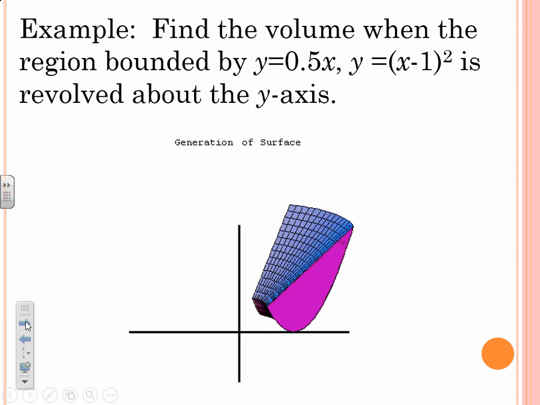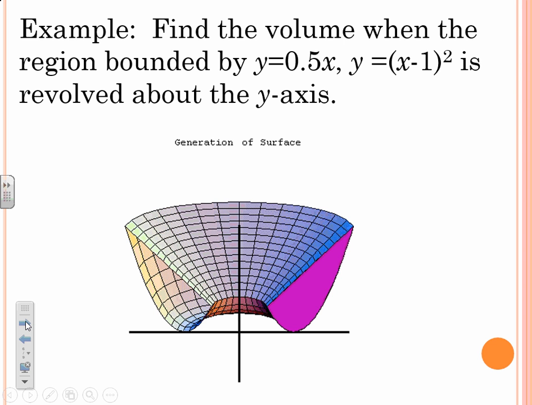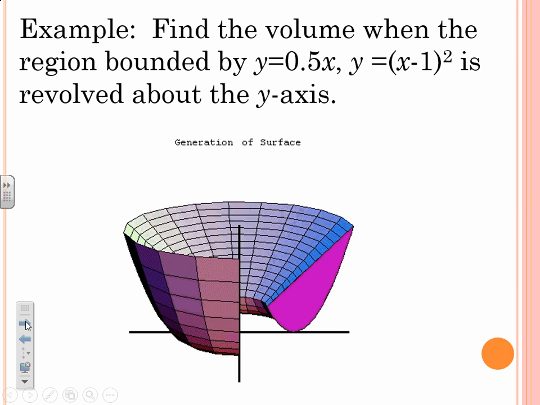Okay, so we're going to do this one. y equals 1/2 x, y equals (x minus 1) squared, and we're going to rotate it about the y-axis. So we get this shape here.